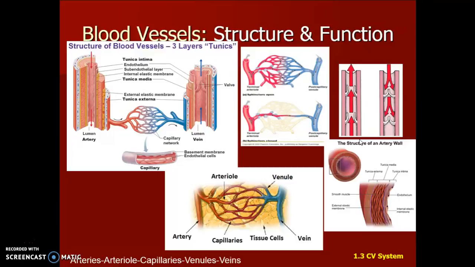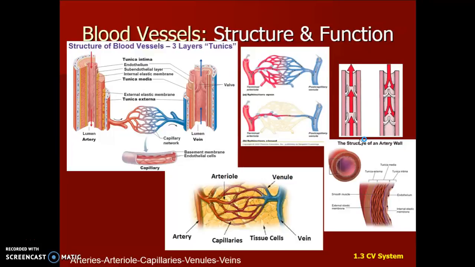Next are the capillaries. These have no smooth tissue or elastic tissue, and they are the smallest. They have the smallest mean thickness, so that diffusion can happen easily, so that the oxygen and carbon dioxide can pass through the cell walls very easily.